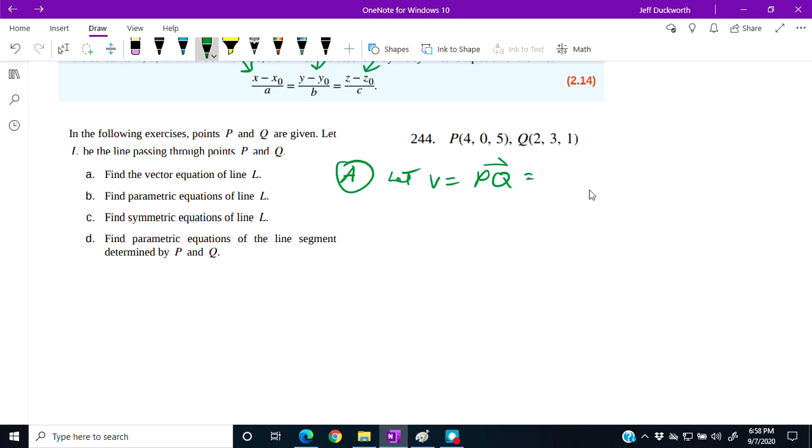So we're going to take the x from Q, which is 2, minus the x from P, which is 4, for the first part, 3 minus 0, and 1 minus 5. And that's -2, 3, and -4. So this is our vector for the equation of line L.